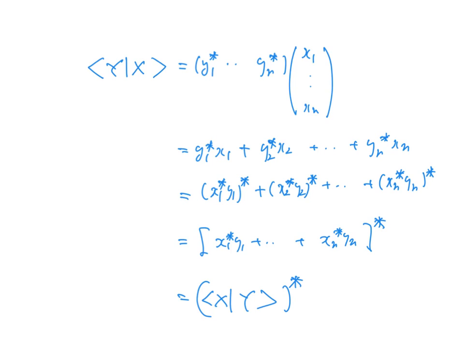So when you change the order, you just put the complex conjugate. But if the entries are real numbers, then they are the same. So they are different only when they are complex numbers.